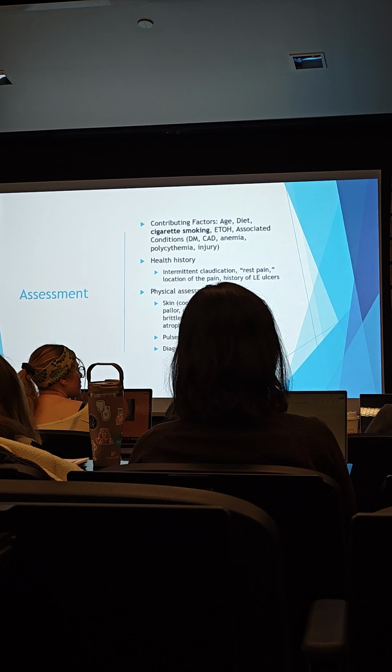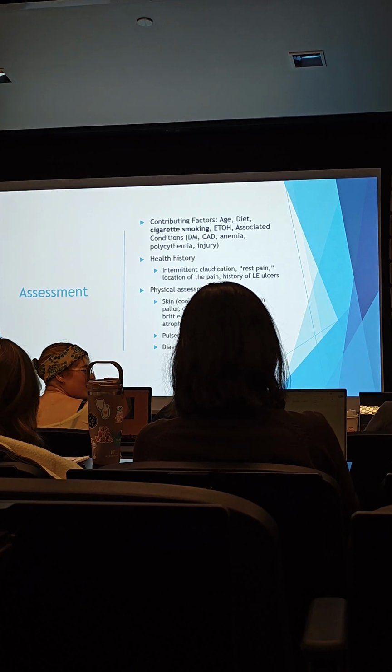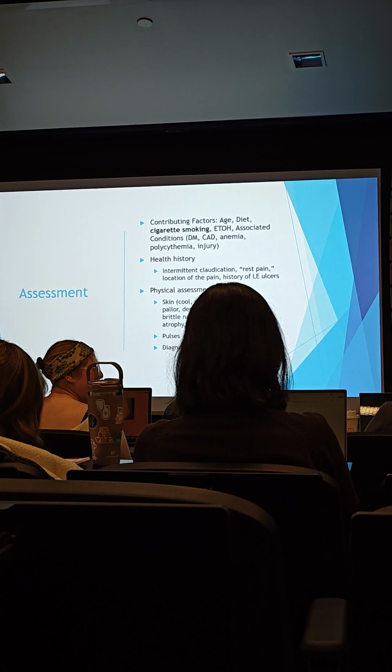We can listen to these vessels, so in addition to palpating with our fingers, we can listen with our stethoscopes, and we might hear a bruit because there's turbulent blood flow as a result of the disease.